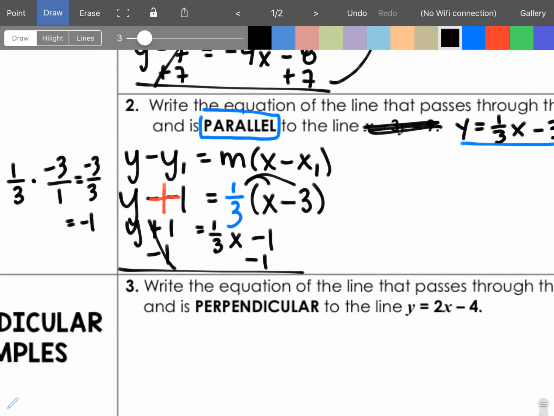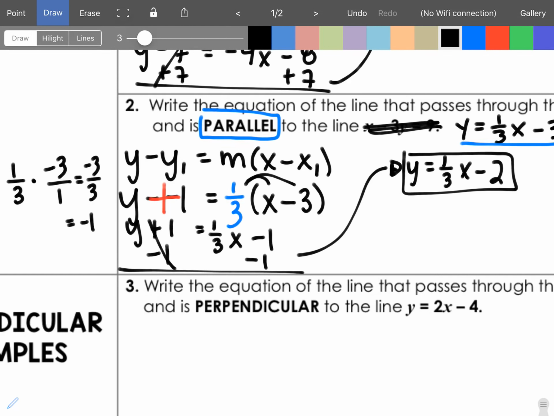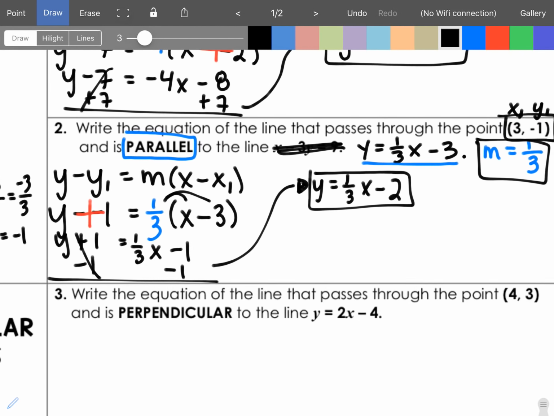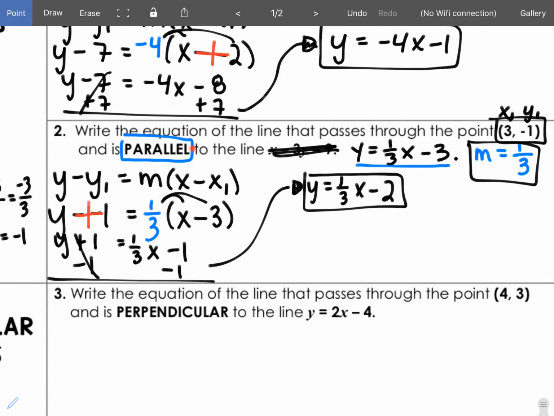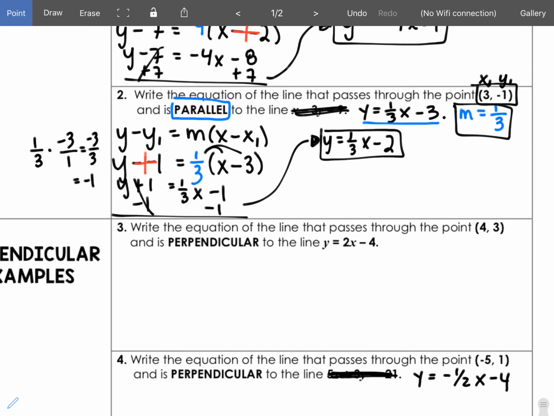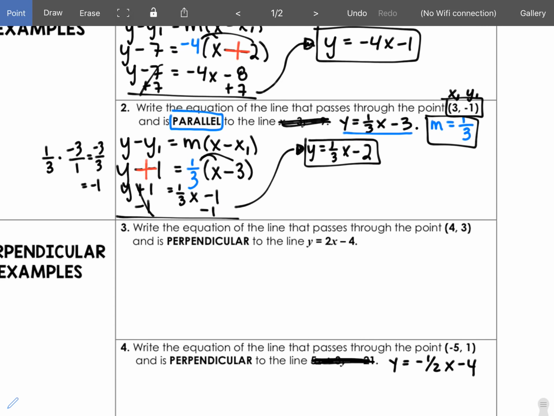This cancels, and we have y equals 1/3 x minus 2. Remember, -1 minus 1 is -2. So that's it. Now remember, we're trying to find a line parallel. Is this line parallel to this line? Yes, because they have the same slope, right? 1/3 x, 1/3 x. So we do the same thing every time it's parallel.